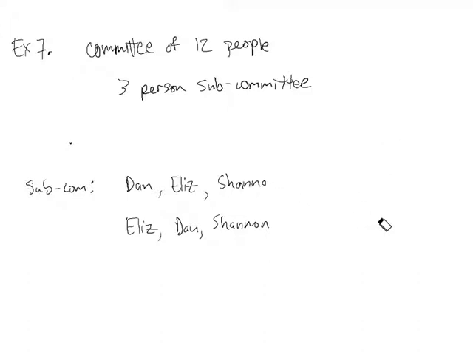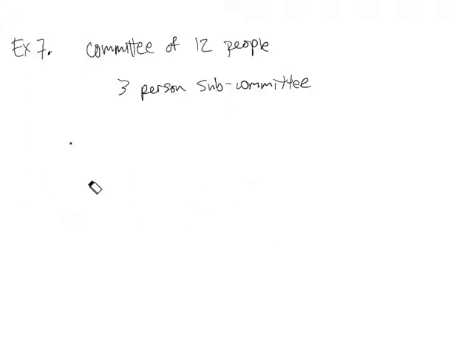I just really wanted you to understand how these different combinations are made. But to actually work this example and come up with the total number of ways that this committee can be filled is actually pretty simple. If we have a calculator, then all we need to do is input C(12, 3) or 12 choose 3.